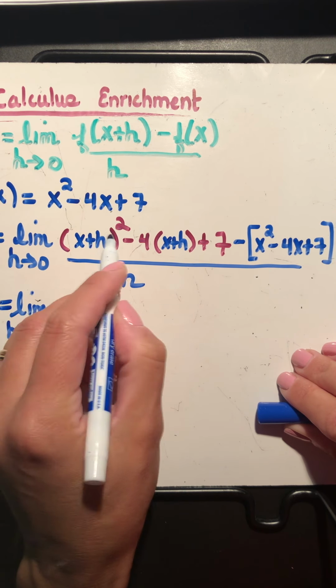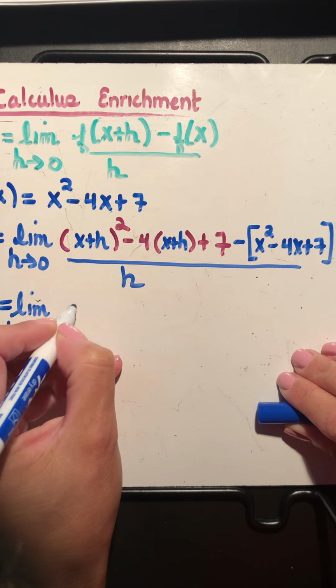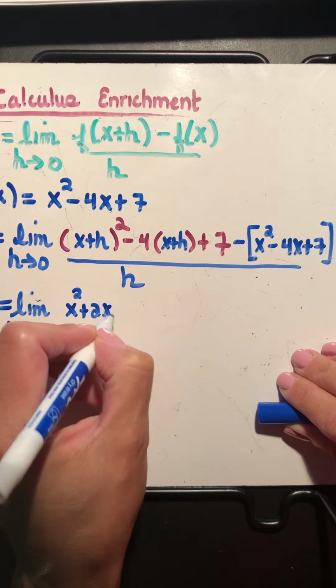So, limit as h approaches 0, and let's do the math. The quantity x plus h squared, if I distribute, is x squared plus 2xh plus h squared. Now I'm going to distribute here: minus 4x minus 4h plus 7. I should have written a little smaller.